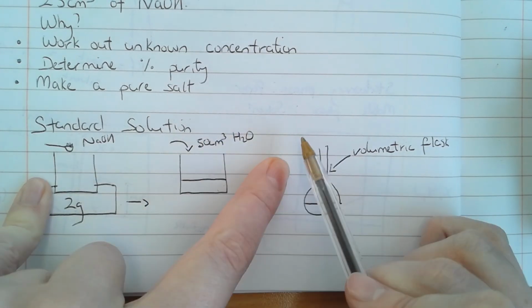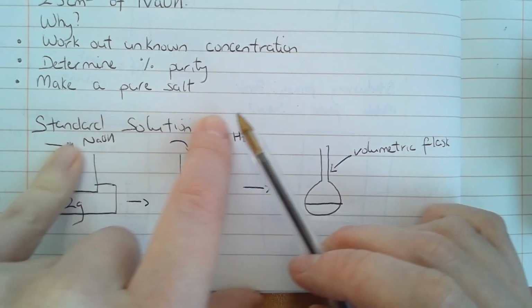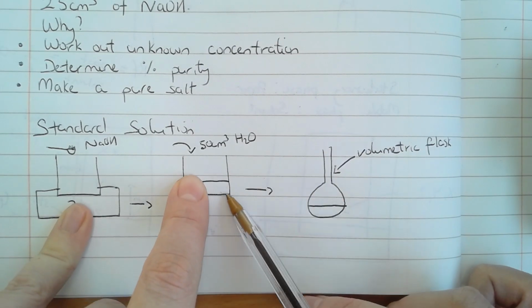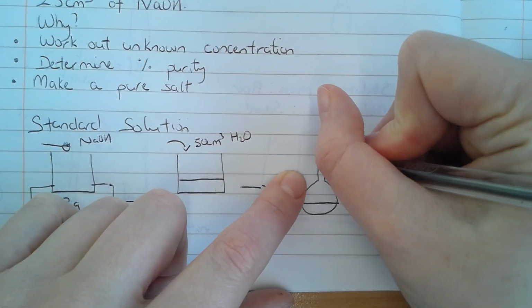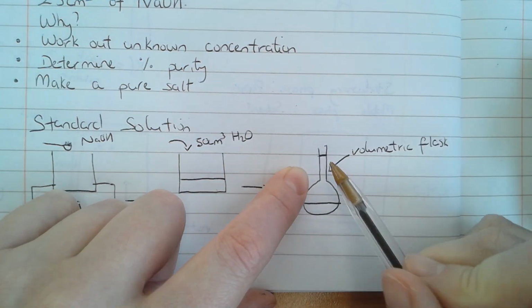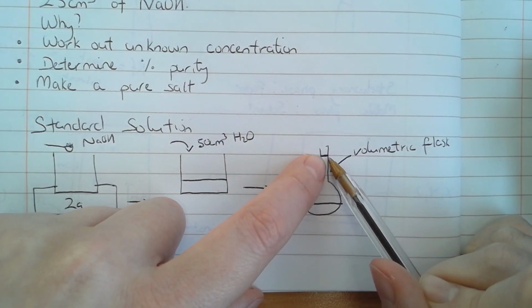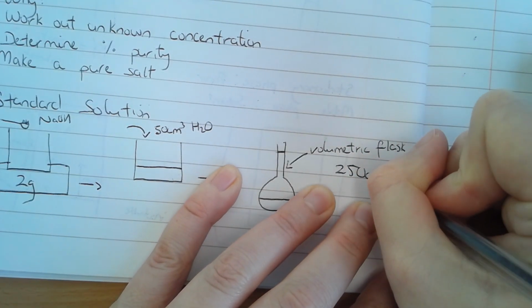You do that multiple times to make sure that every single speck of NaOH has been transferred to the volumetric flask. And once you're sure that you've got it all into the volumetric flask, then drop-wise, there's going to be a little line here on your volumetric flask, and drop-wise you're going to add water all the way up to that line so that you've got a solution of 250 centimeters cubed.